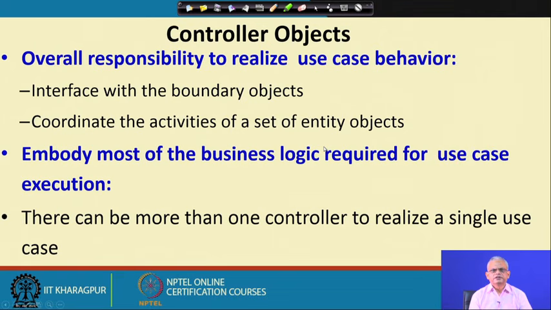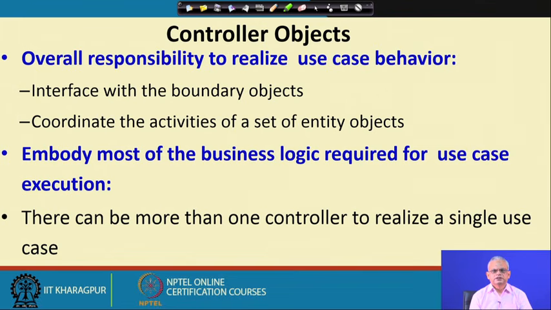The third category of objects are the controller objects, and the controller objects are in overall charge of executing a use case. As soon as a use case is executed, the user uses the boundary to enter some request, and then that gets reported to the controller object.